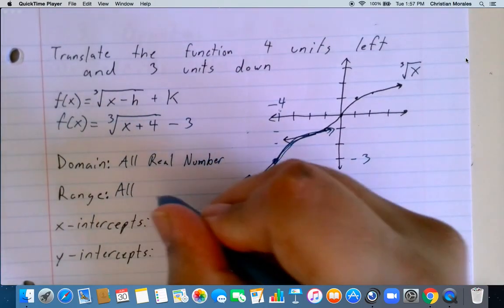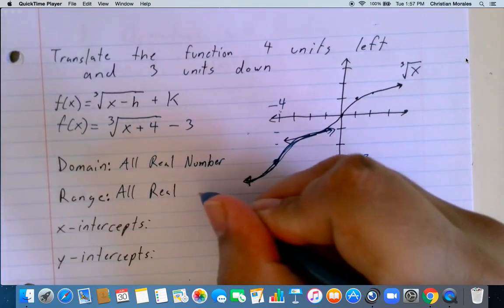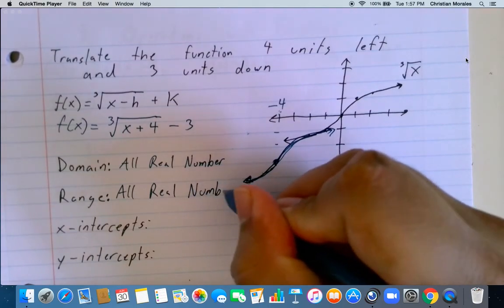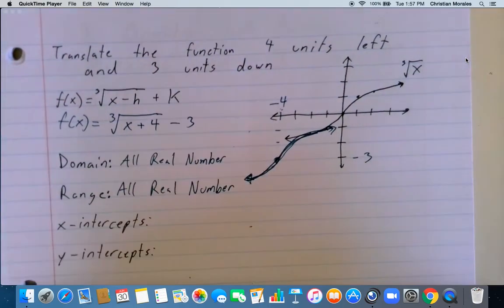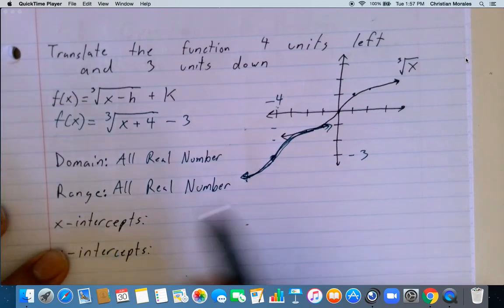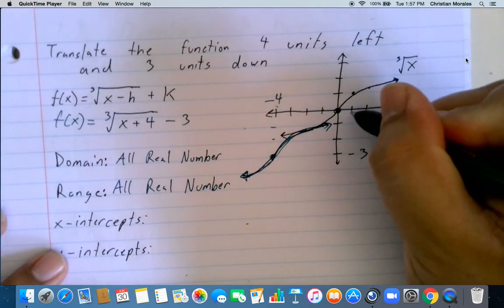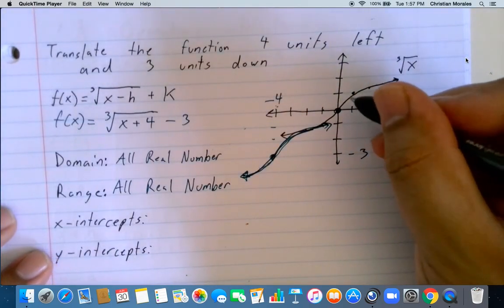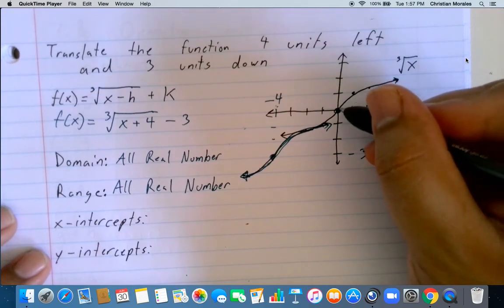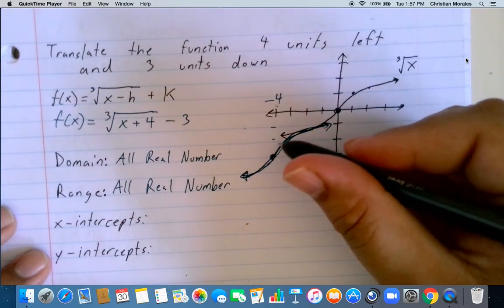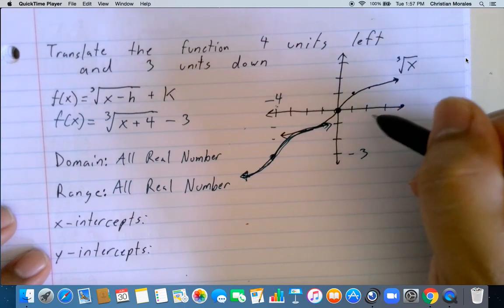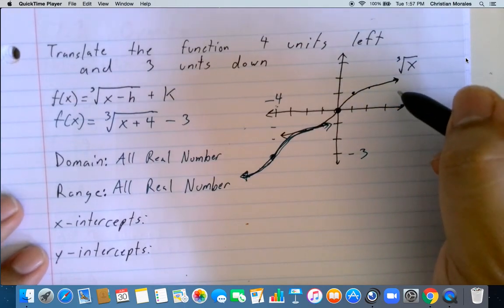The domain and range is all real numbers.